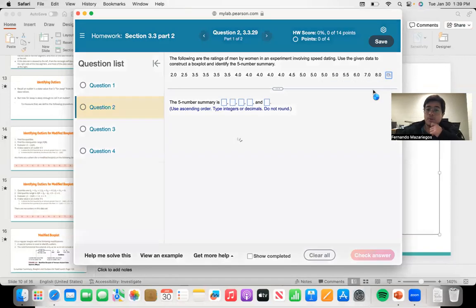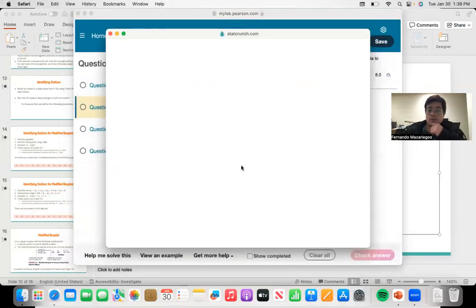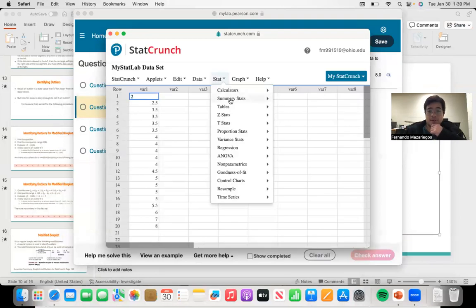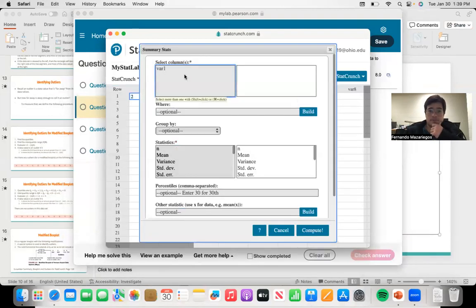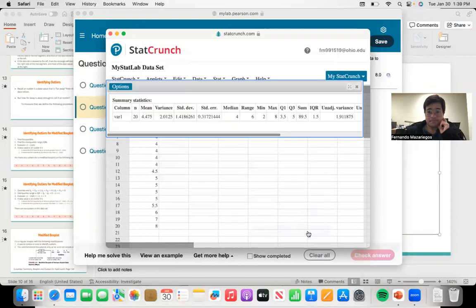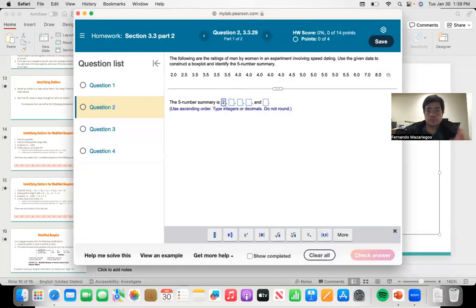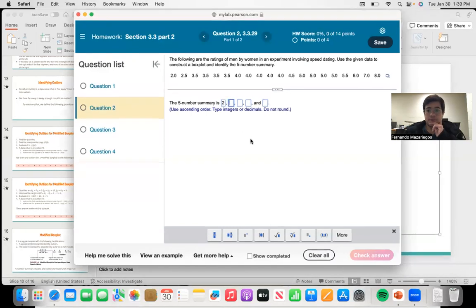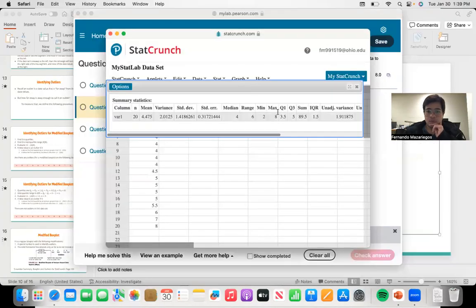So let's do that. We open in StatCrunch. We go to stat, summary stats, columns. We select the variable. And I'm going to select all of this just because that is my preference. But we don't need all of this. We only need those 5 that I mentioned. So we start with the minimum, 2. Then we need the first quartile, which is right here, Q1, 3.5.